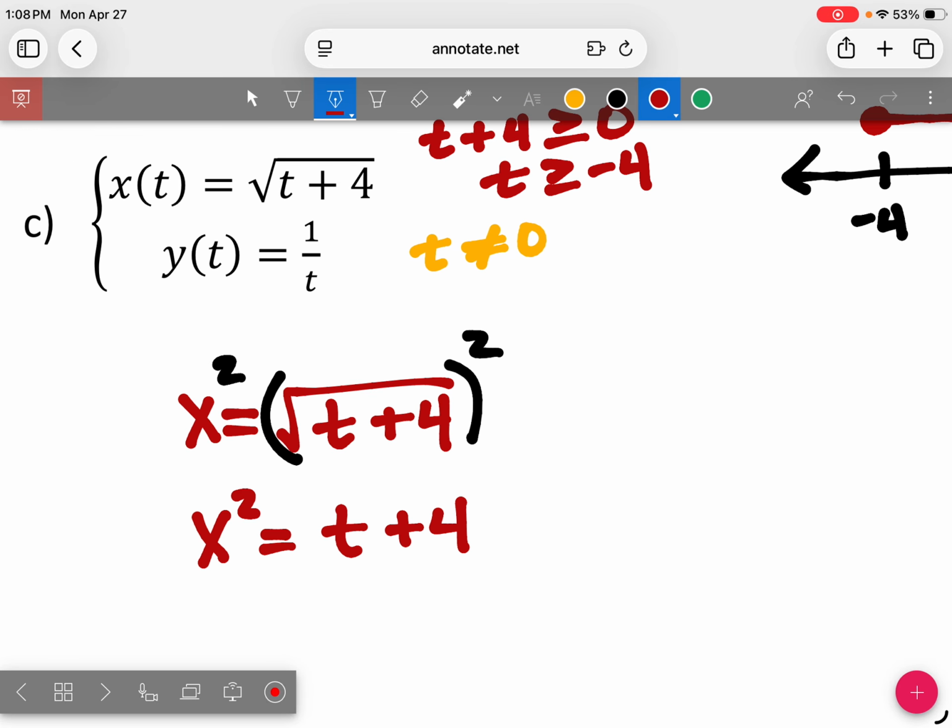And then I also have to subtract the 4. I did that last period too. So this is what I get for t. That's my t parameter after I solve the x parameter for t.